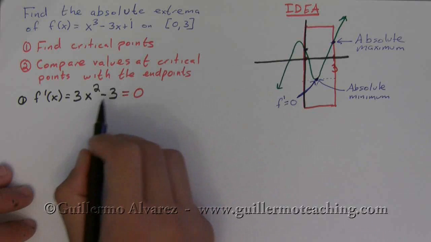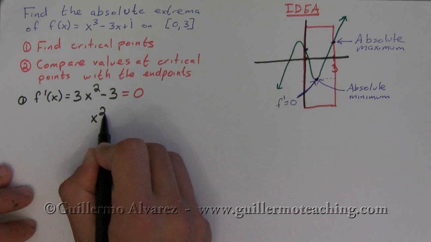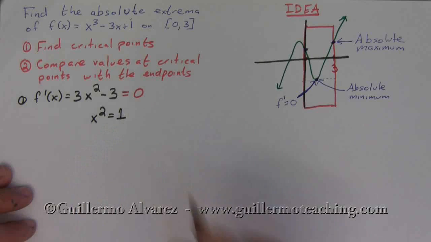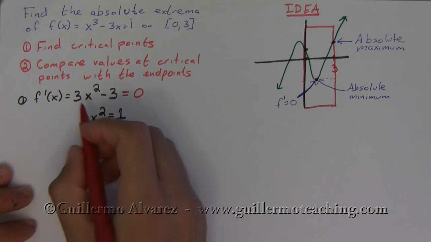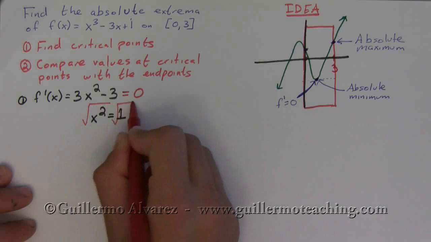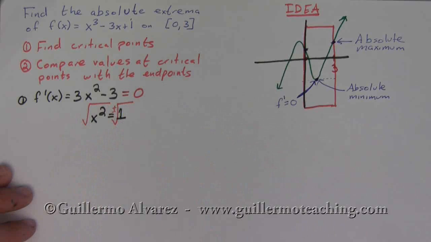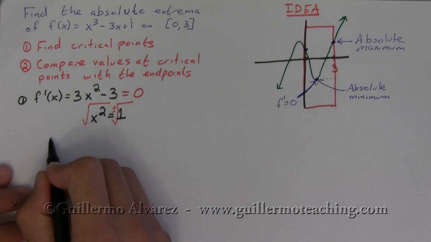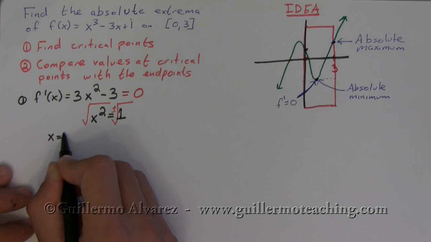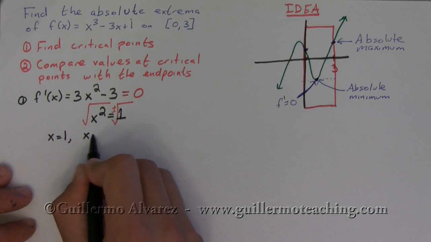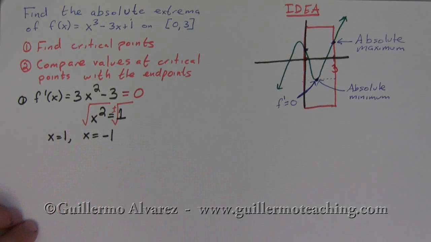And if we do that, we're going to get that x squared is equal to 1. And when we get the square root of both sides, we're going to have a positive and a negative. So these are the two critical points: x equals 1 and x equals negative 1.